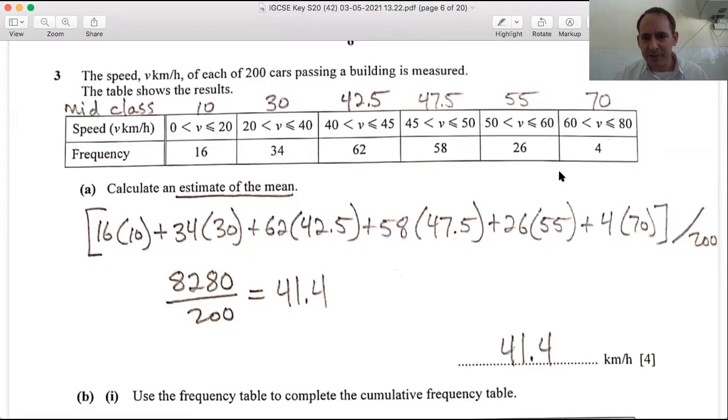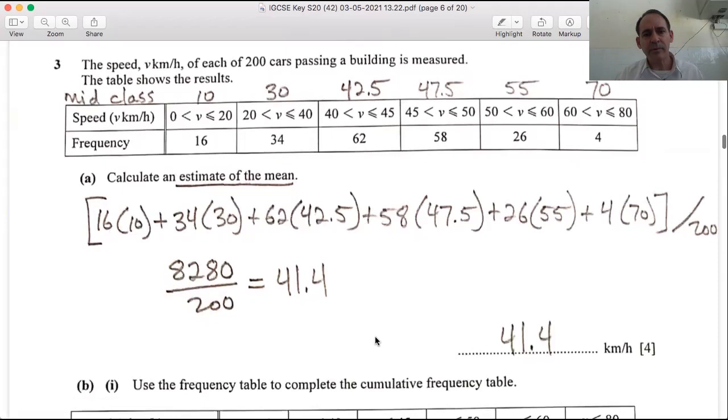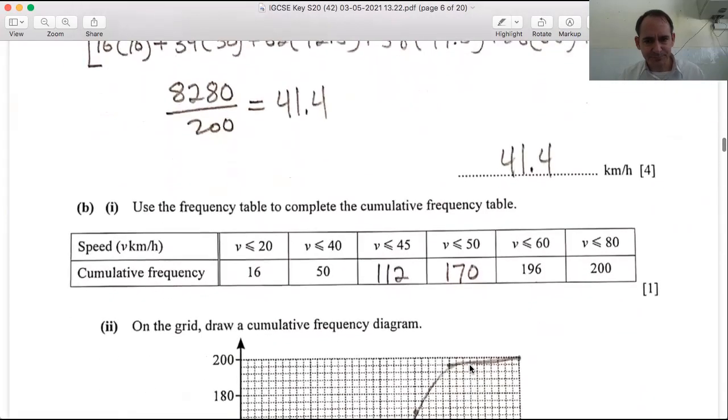You can either add up the frequencies or just look at your problem. It says 200 cars. So you should end up with 8,280 divided by 200, which gives you 41.4 as your estimate of the mean.